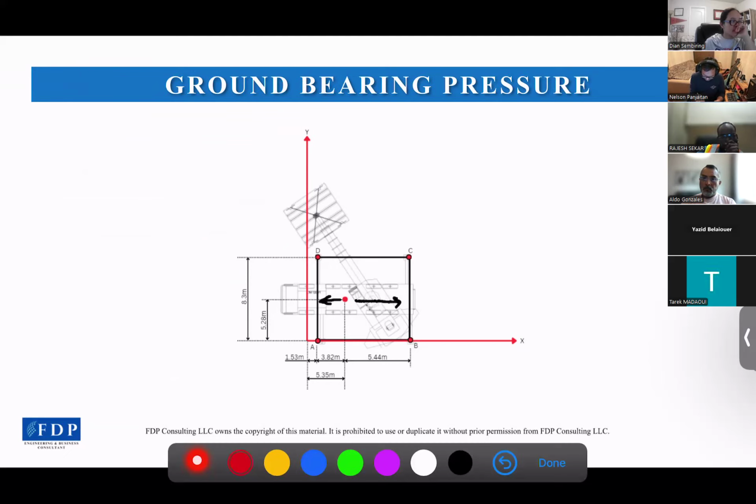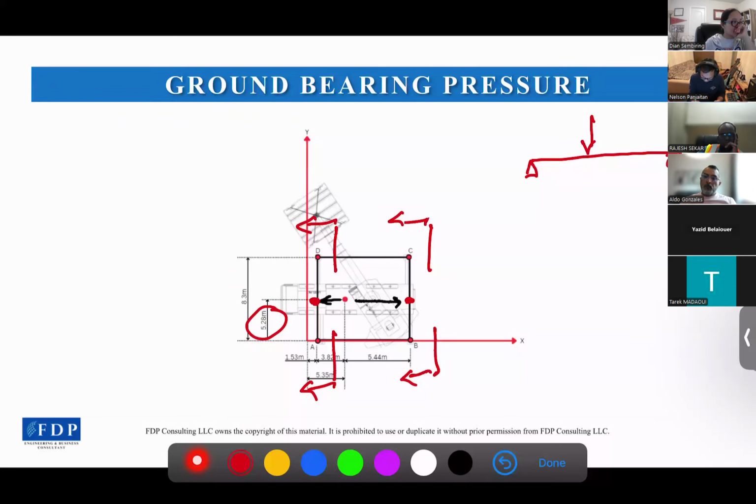And the load point now will be here and here, which is 5.28 meters from the A and B. So if we look at this side, then we will have two separate loads, this A and this D, and this is 8.3.